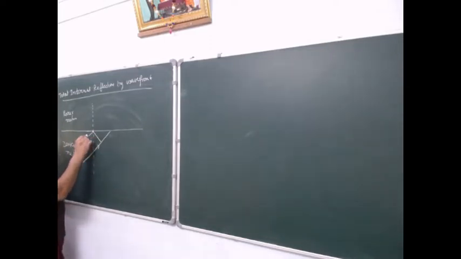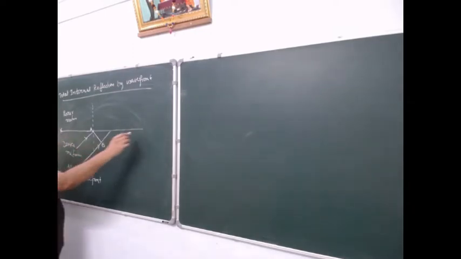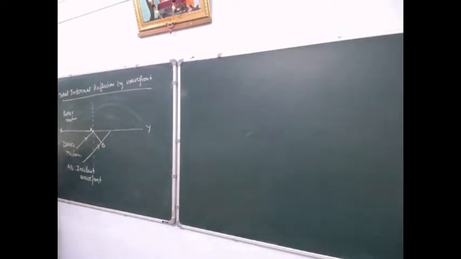Let me say this is AB. So AB is the incident wavefront. And similarly, XY is the line of separation between two different media.